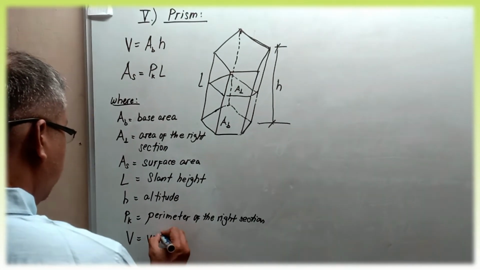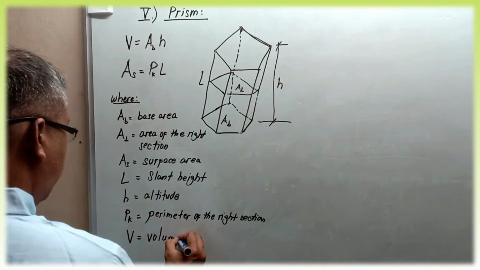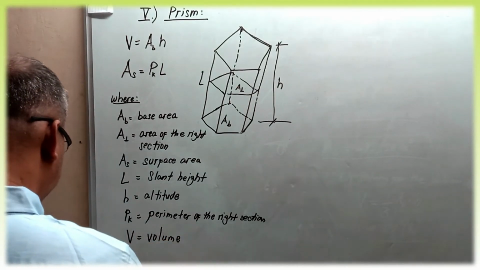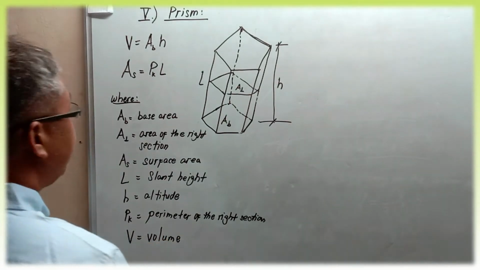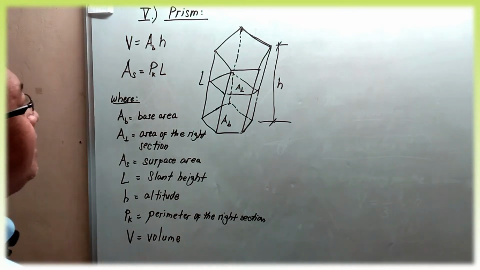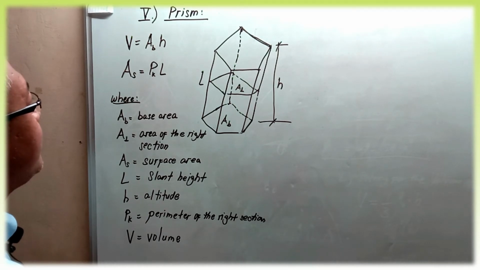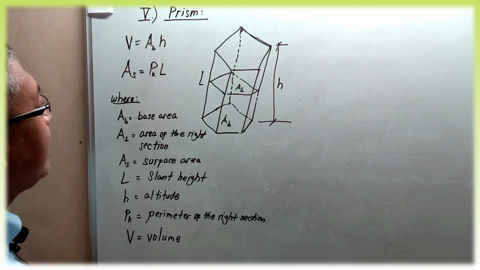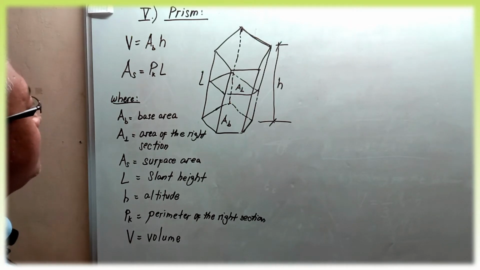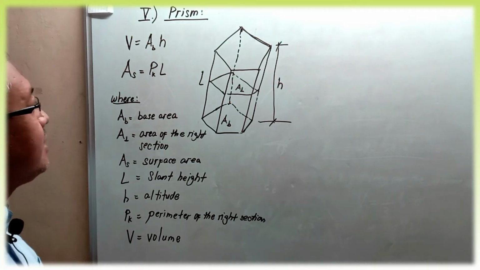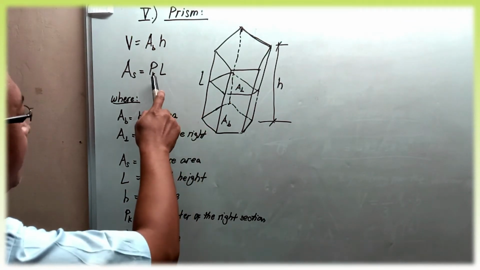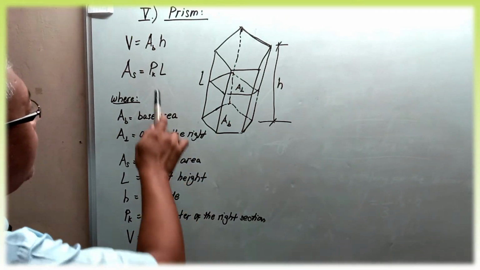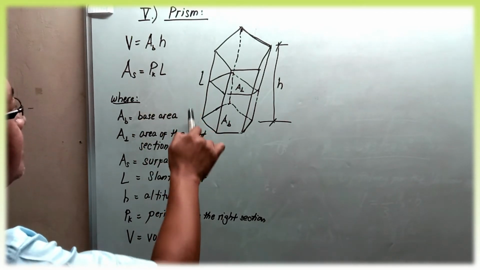As you can see here, in this particular geometry, the prism, the surface area for this particular prism is the product of the perimeter of the right section times the slant height.